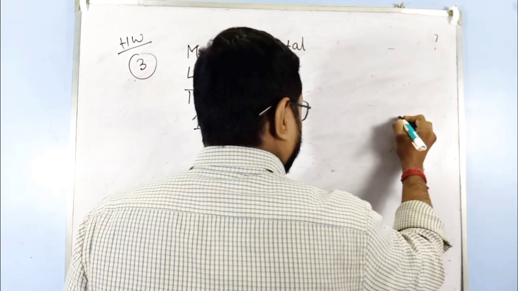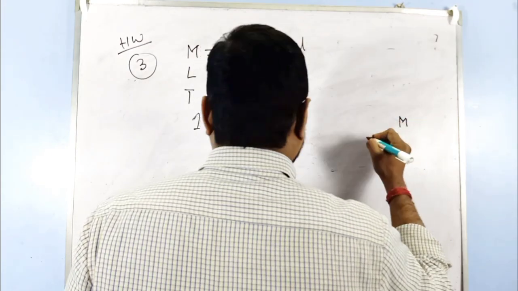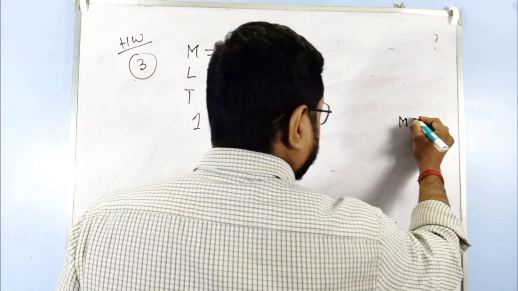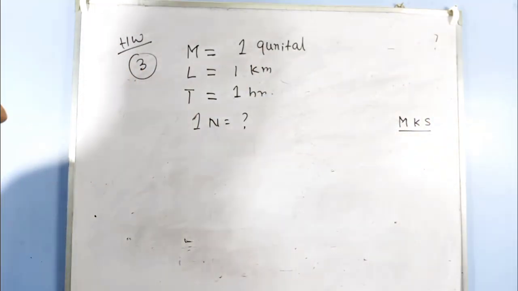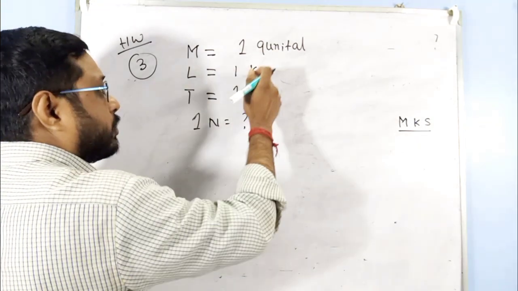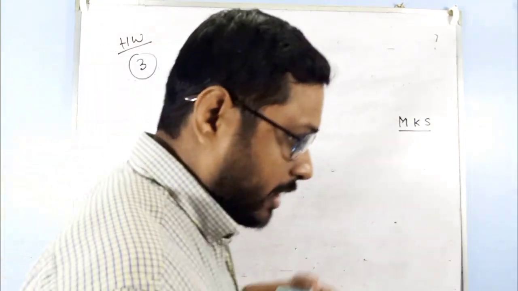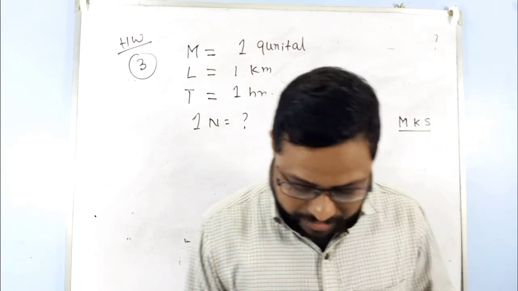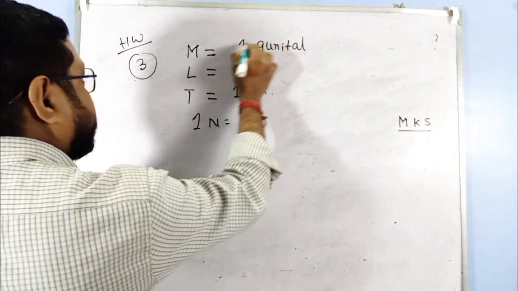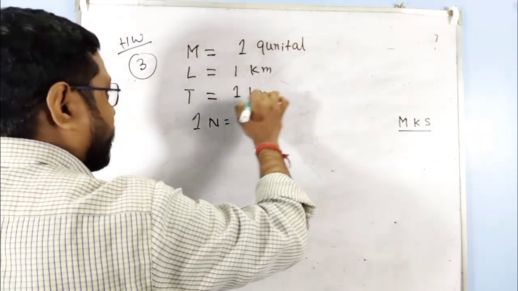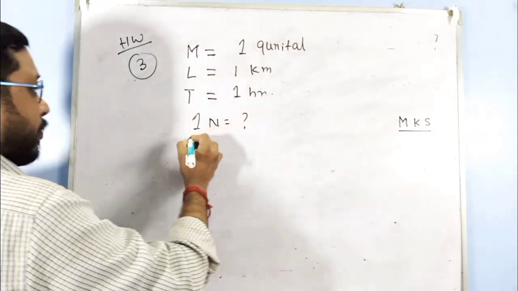We know that Newton is the unit of force in the MKS or SI system. But we can name this a new unit. So here the terms will be M1, L1, T1 and M2, L2, T2.